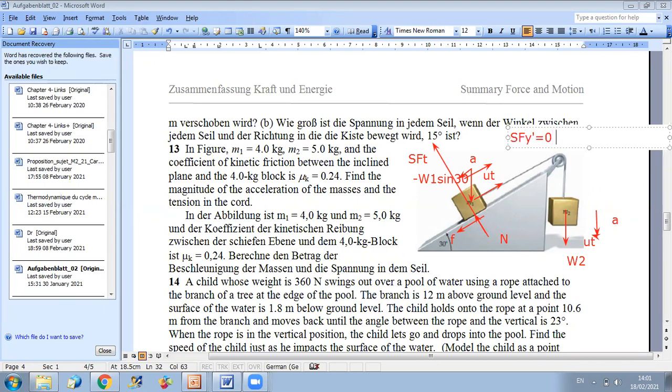So we have plus N minus W1 cosine 30 equals 0. So we get that N is equal to W1 sine 30. Sorry, cosine 30.